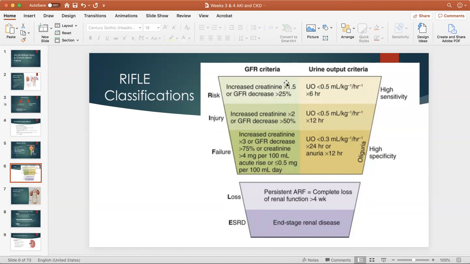So the takeaway from here is this relationship between your GFR and your urine output, and how as your GFR is decreasing and your creatinine is going up and your BUN is going up, your urine output is decreasing as well. And that's because of that.